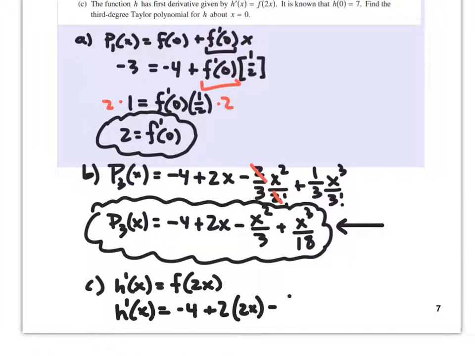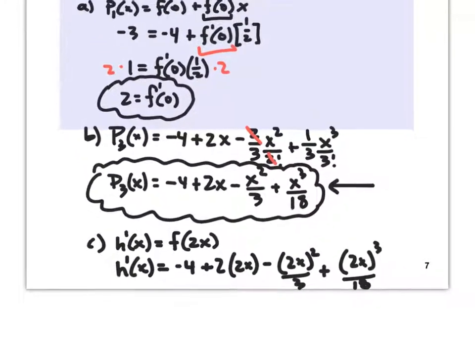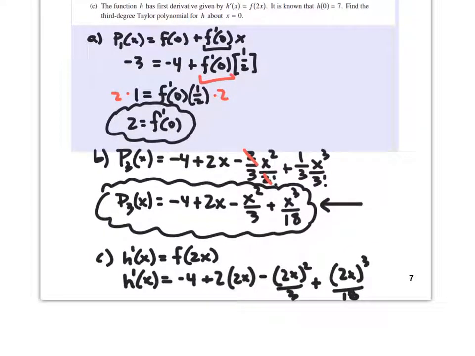I'm just following exactly what I'd come up with, doing a direct substitution of 2x. Okay, so now let's see what they want us to do. It is known that h of 0 equals 7. Find the third degree polynomial for h about x equals 0.